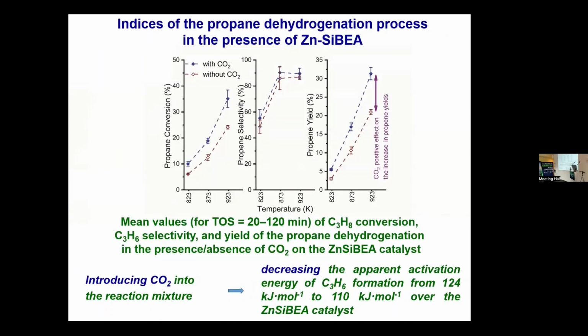Now I can also show the effect of the presence of CO2 here. The result obtained with CO2 is more important. You can see that in the presence of CO2, propane conversion is much higher than without CO2.